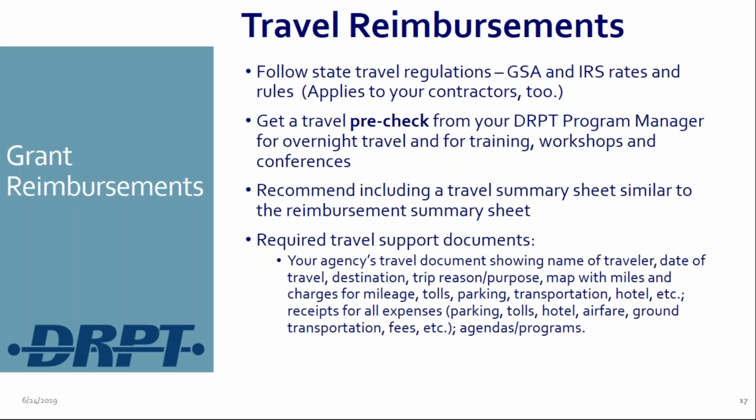So we follow the GSA and IRS rates and rules for travel. Any overnight stay, hotel rates and per diem rates, those are GSA rates. For mileage, you're taking the IRS rates. Those rates also apply to your contractors, so you need to let your contractors know to get those rates. In many cases, if you're a local government, you can provide them with a letter that they're working on a project for you so that they can get a government rate.